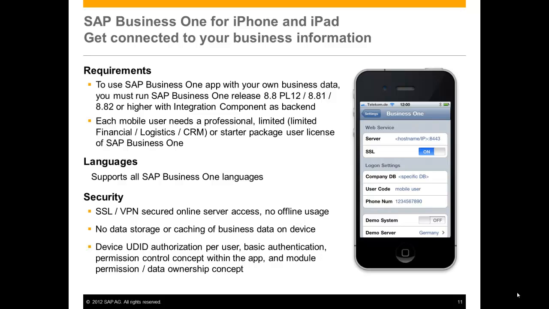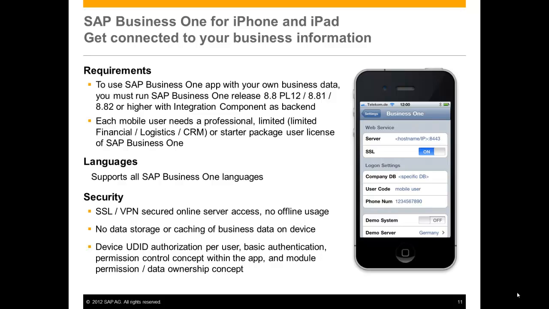Now, if the device gets lost or misplaced, there is no data storage or caching of business data on the device, so at all times your business data is secure. To add an additional layer of control, we require you to record the user's device identification code inside SAP Business One, which makes sure that only the user of that device can access the Business One data.